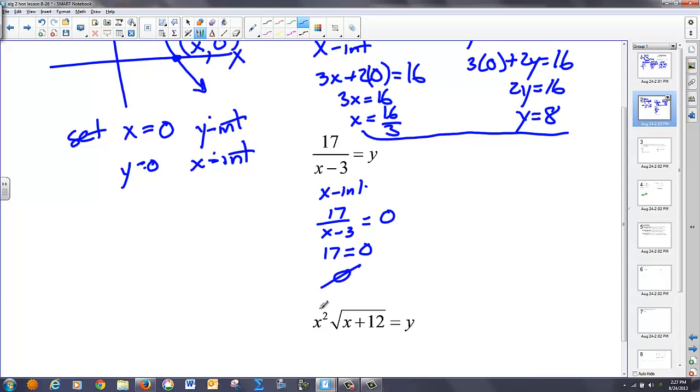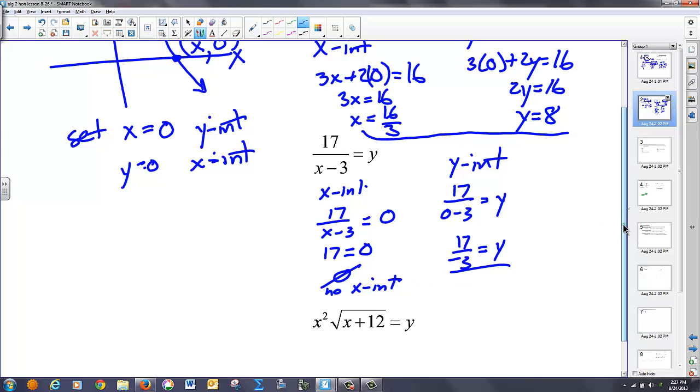Therefore, there's no solution or no x-intercept for that graph. For the y-intercept, I'm going to set x equal to 0. 17 over 0 minus 3 is equal to the y-intercept. So I have 17 over negative 3, and that is my y-intercept.